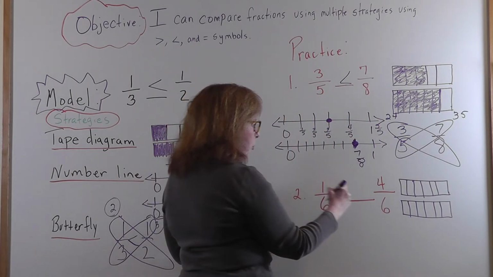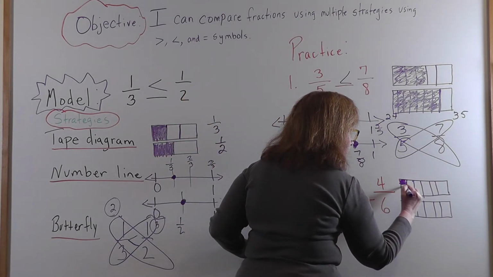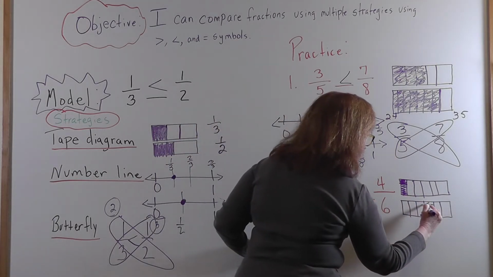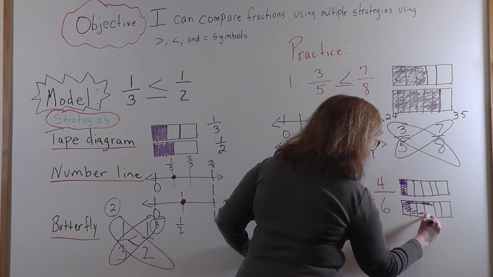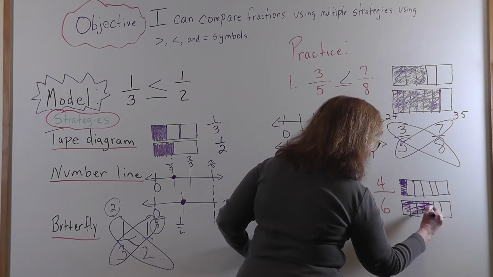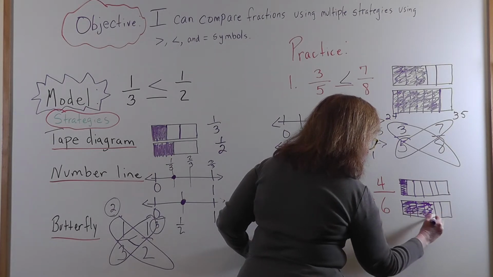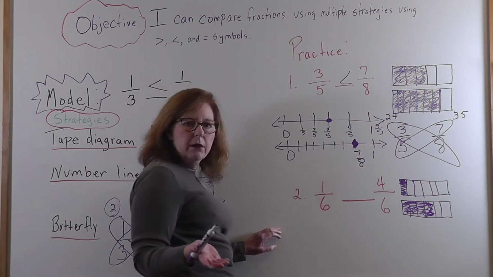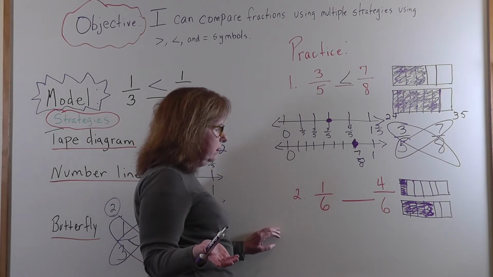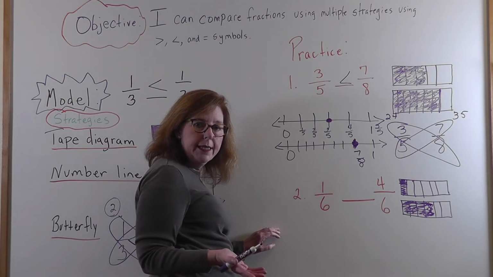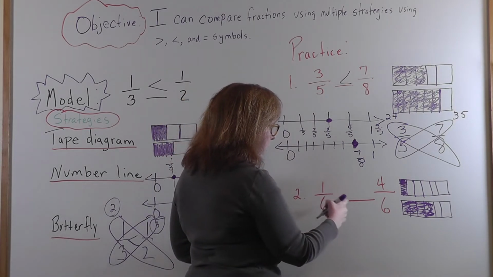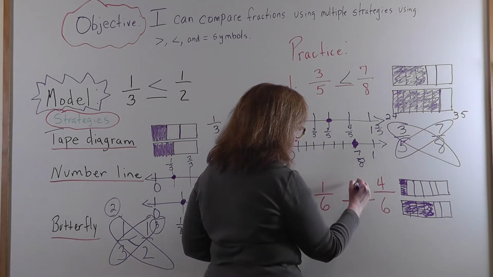I'm going to shade in 1/6. And here I'm going to shade in 4/6. Well, which one's greater? 4/6 is greater than 1/6. Okay? So, the smaller number eats the larger number.